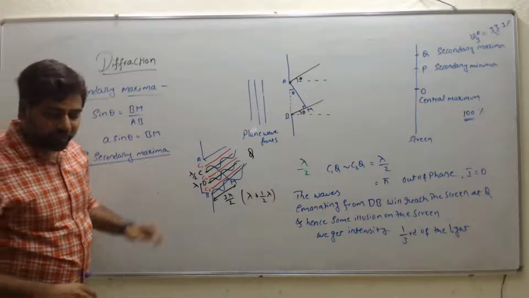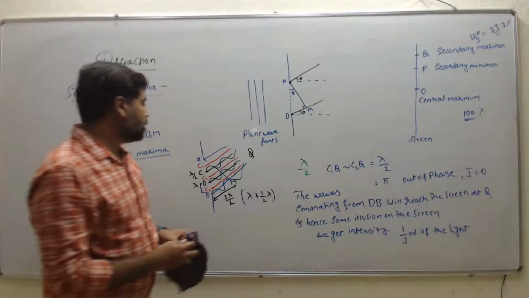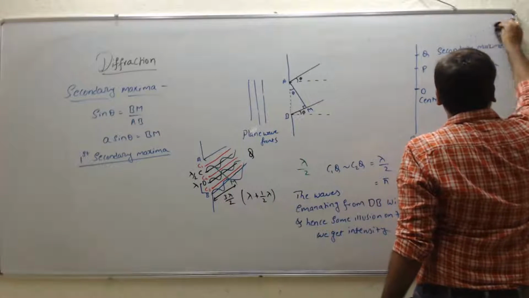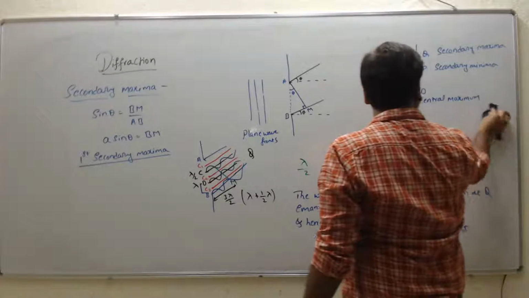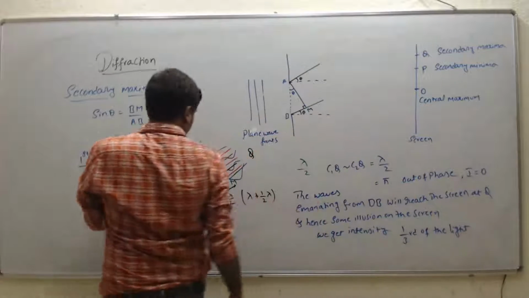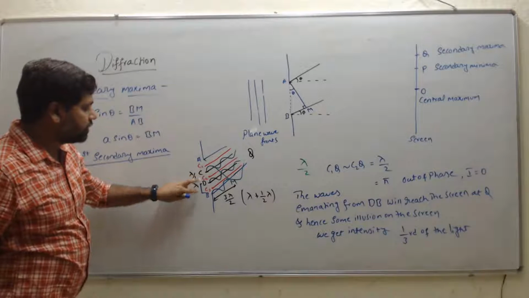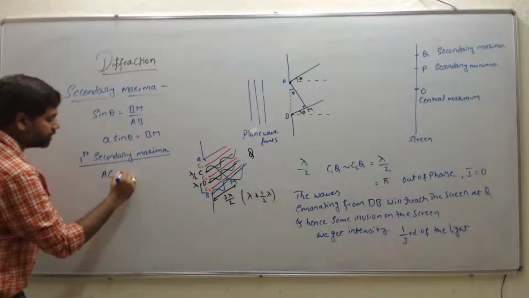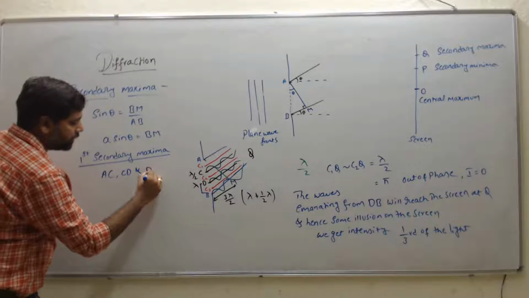Here we have three parts, that is AC, CD and DB. The waves which are coming from AC, CD and DB.